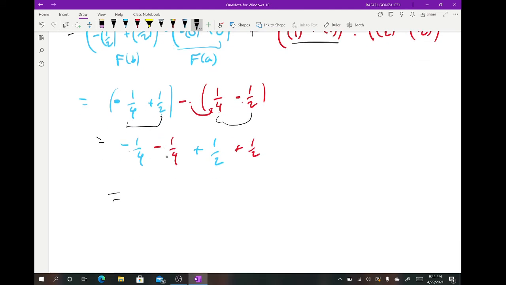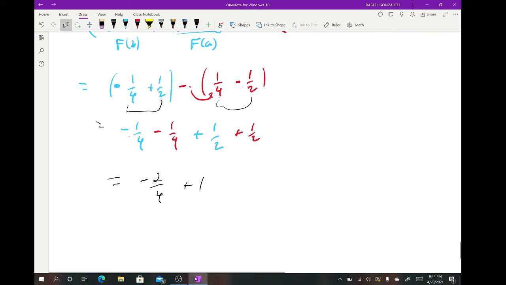So we have negative 1/4 and negative 1/4, that's negative 2/4. 1/2 plus 1/2 is 1. Notice that negative 2/4 is just negative 1/2, and 1 minus 1/2 is just 1/2. So we get that the solution is 1/2.